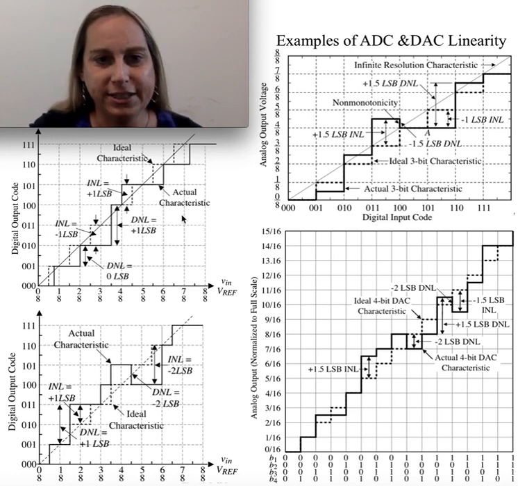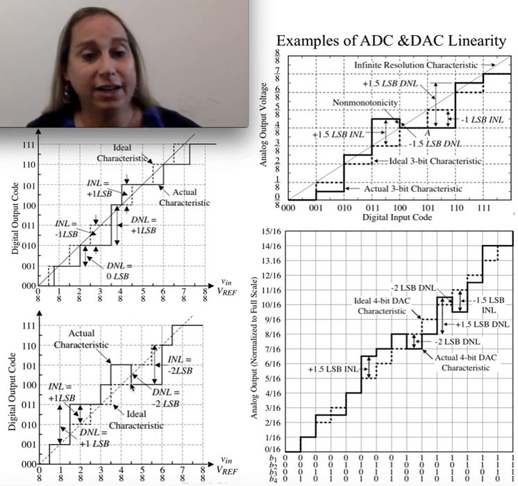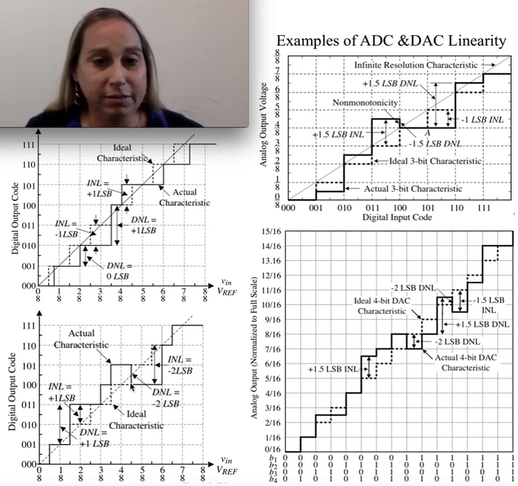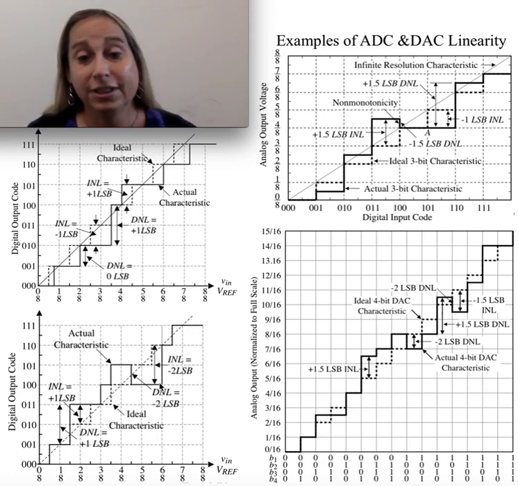And so I can see a DNL error that's bigger than an LSB. The INL error in this case is significantly sizable as well. I can also get cases, because of the non-monotonicity, of INL errors that are like 2, because it's supposed to be here and actually here, so you're like, that's a problem.